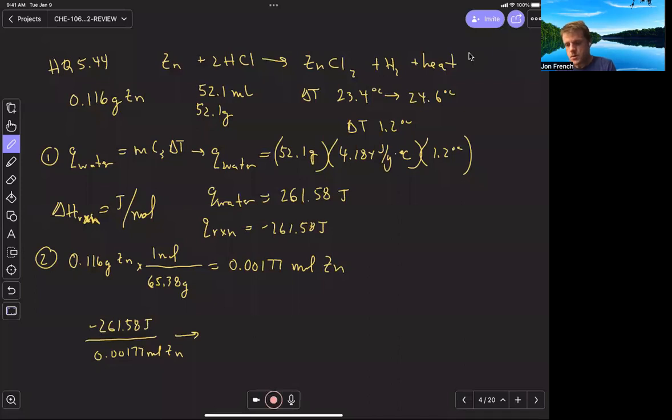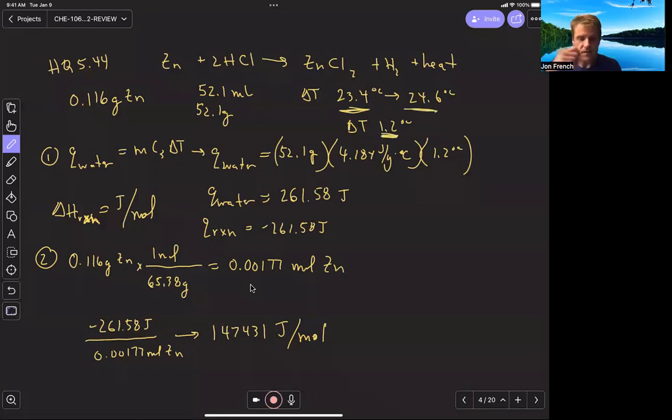So 261.58 divided by that, I get a giant number, right? 147,431 joules per mole. Like I said, they're normally given in kilojoules per mole because they're usually a large value. So let's see, significant figures. I would personally go with 2 significant figures based on the delta T, the change in temperature.